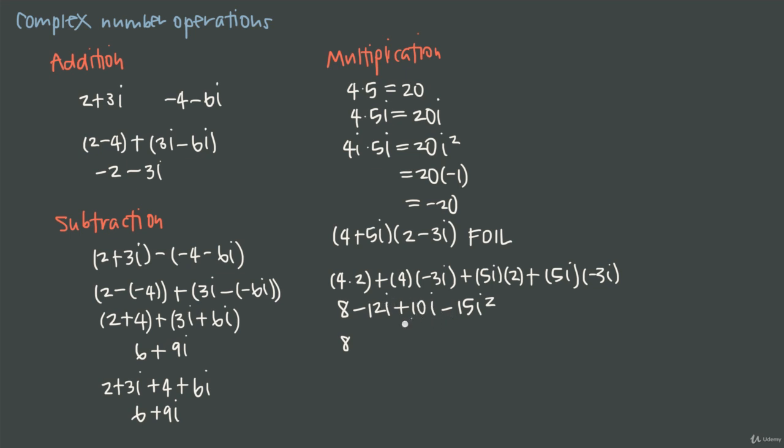Negative 12 plus 10 is a negative 2, so those sum to a negative 2i. And then we know here that i squared is equal to negative 1. Negative 15 times a negative 1 is a positive 15, so we get plus 15. 8 plus 15 is 23, so we get 23 minus 2i, and we end up with the complex number 23 minus 2i, which is the product of 4 plus 5i and 2 minus 3i.